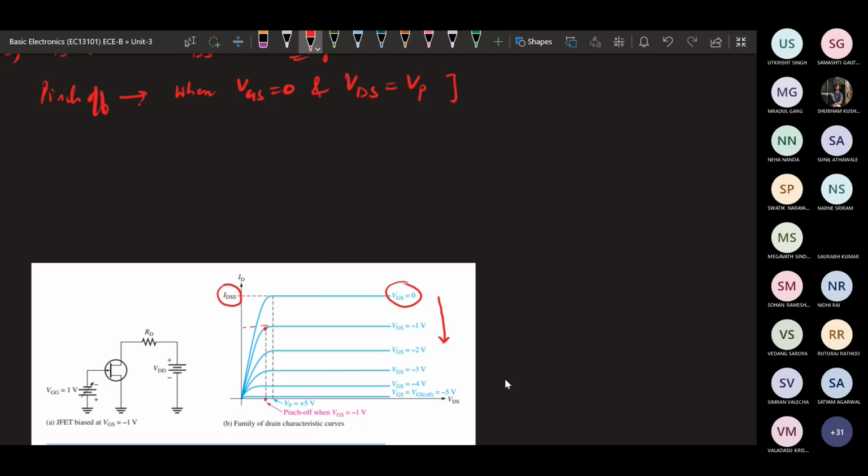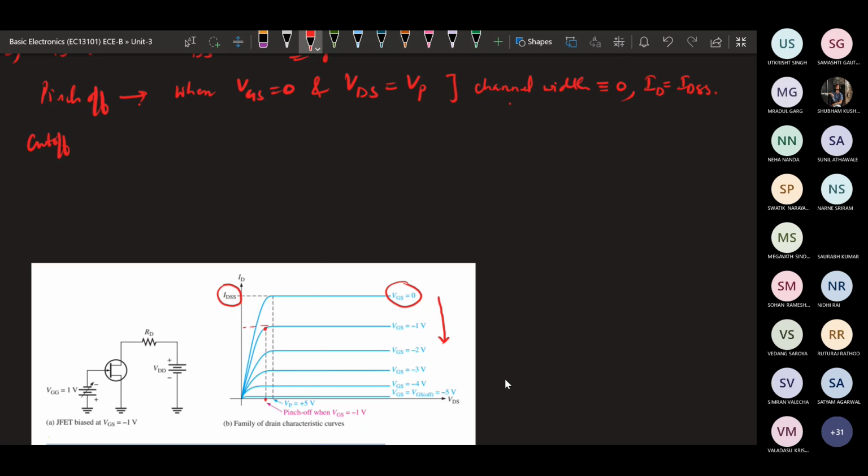At this point, the channel width is almost equal to 0 and the current ID is equal to IDSS. Another point is cutoff.